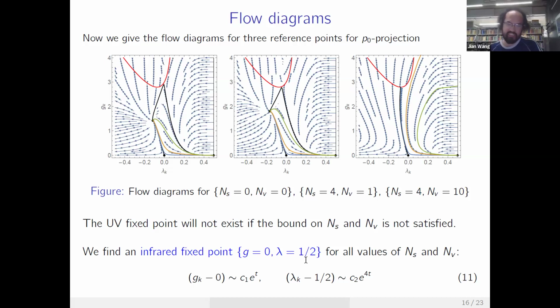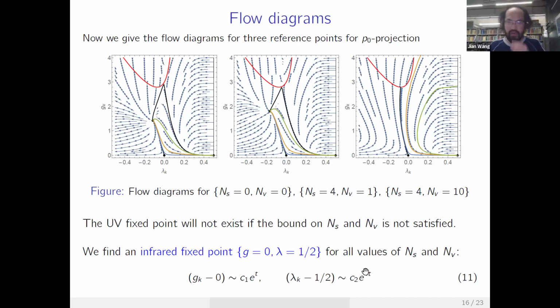To confirm the existence of this fixed point, we need to analyze the scaling properties of the RG trajectories in these regions. So in our work, we select several different RG trajectories, and we found that for different trajectories, they have the same scaling properties around that point.